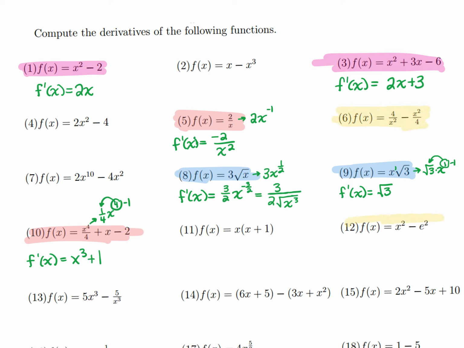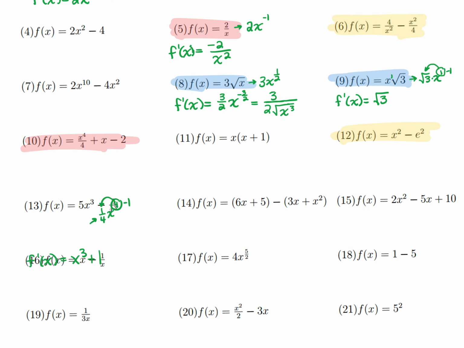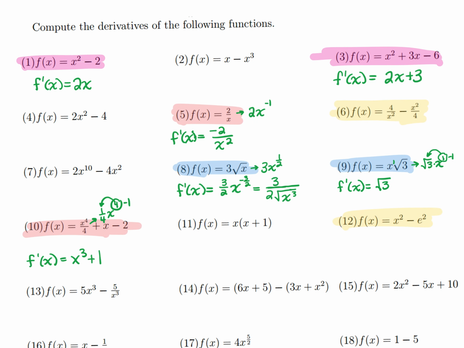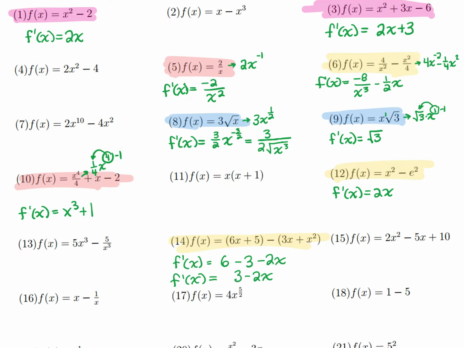Let's try number 12, and how about number 14? Let's do those 3. So 6, 12, and 14. Go ahead and once again pause the video, come back and check your answer when you're finished.